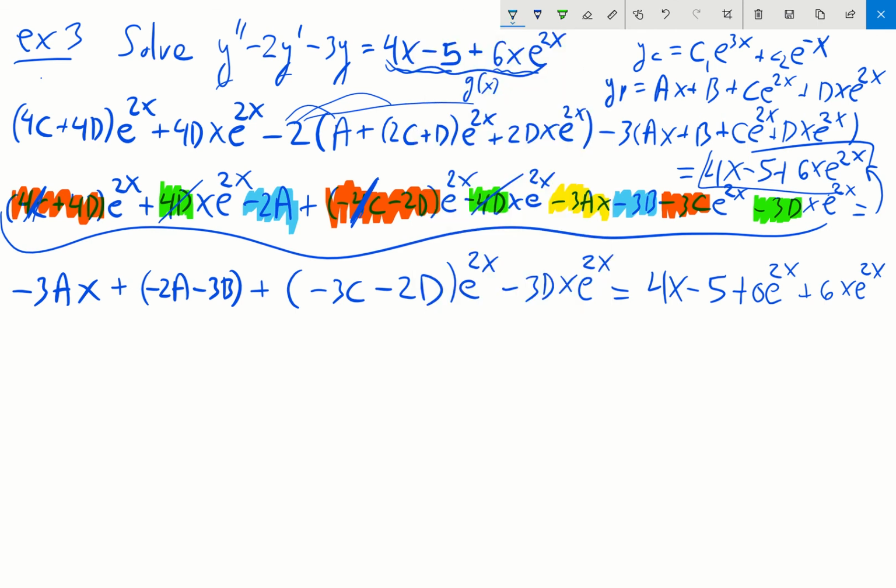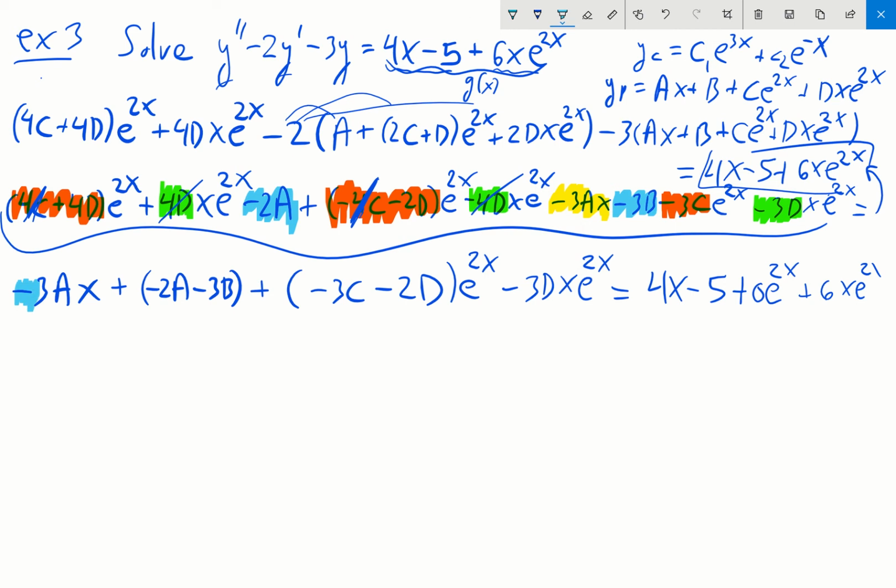For this equality to hold, think of this as the equality of functions. For those two functions to be equal, I need the coefficients to match up. So where were my x terms? I'm looking at the wrong color.